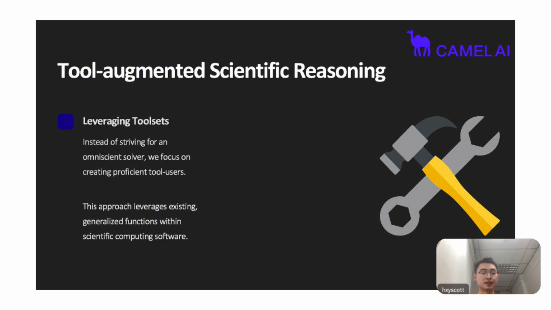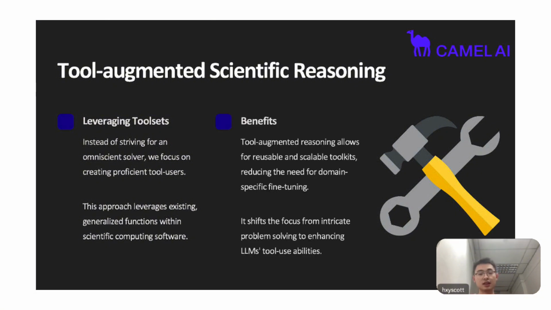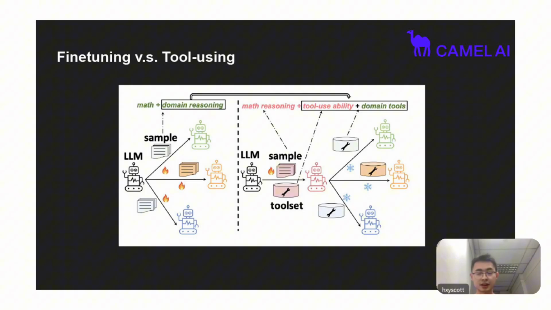So the whole idea was to not make an LLM learn as if it were an omniscient solver, which means that it knows everything, which is very impractical. Instead, you ask the LLM to learn how to use the tools that are given to it. And there are a lot of benefits because of that. For example, all of these toolkits are reusable. So we can summarize a little database of toolkits, which I know CAMEL-AI is already doing.